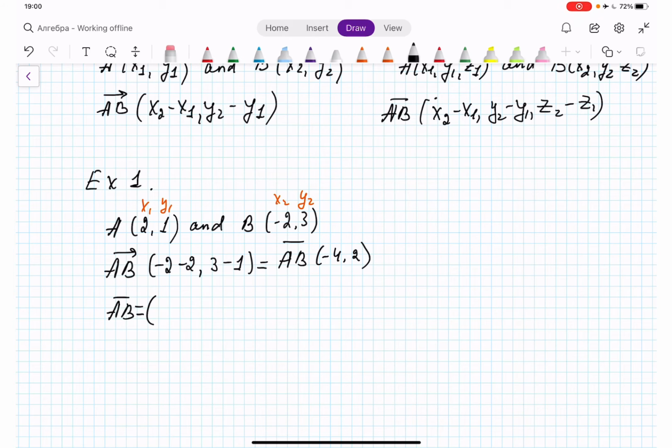Or we can write vector AB as -4 times i plus 3 minus 1 is 2 times j. I recommend looking at the previous video to see what i and j represent. So this is another way to write a vector. The coordinates of a vector are its expansion in terms of the basis i and j.